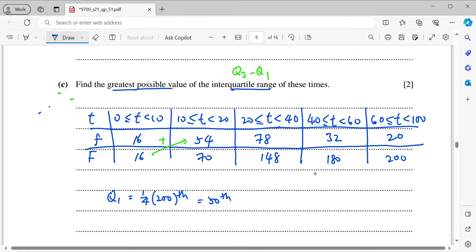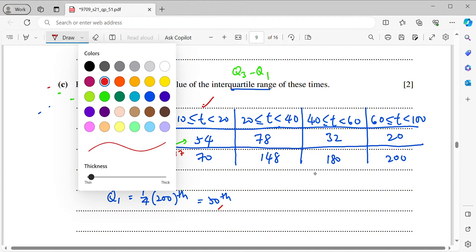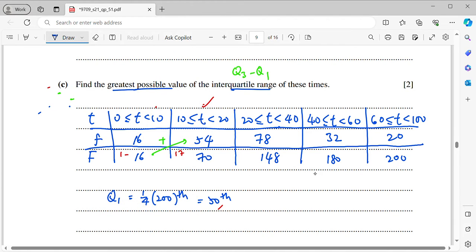So when you look at here, the first class will contain 1 to 16 players, I mean the time taken by 1 to 16 players. Then the second class will include data number 17 until 70. That means now our data is 50, therefore it will be in the second class. So I will classify this as Q1 class.